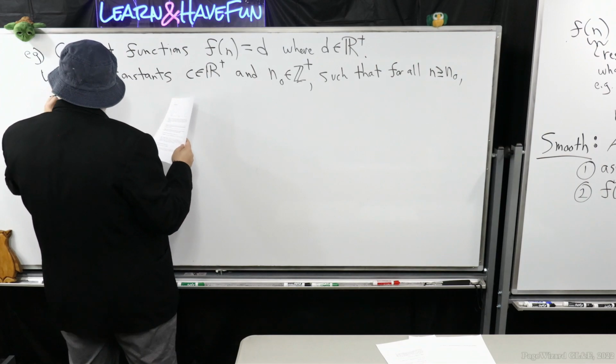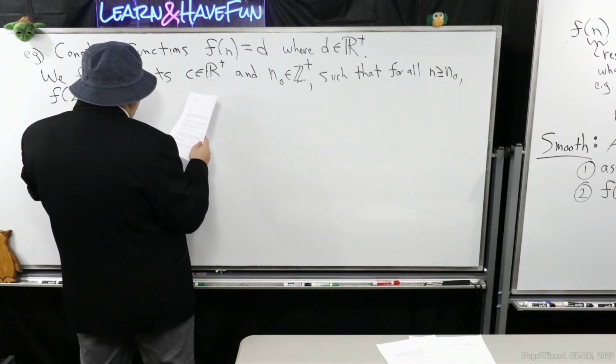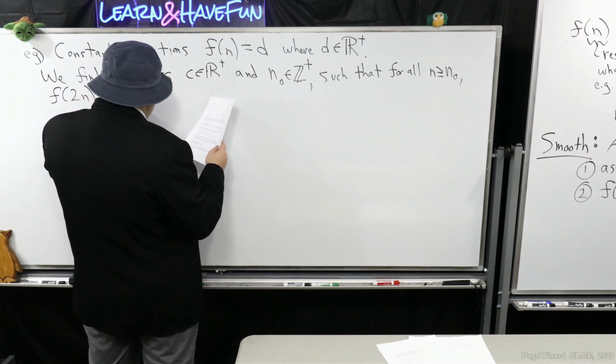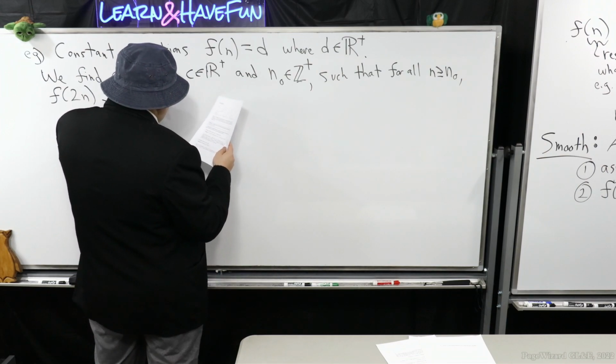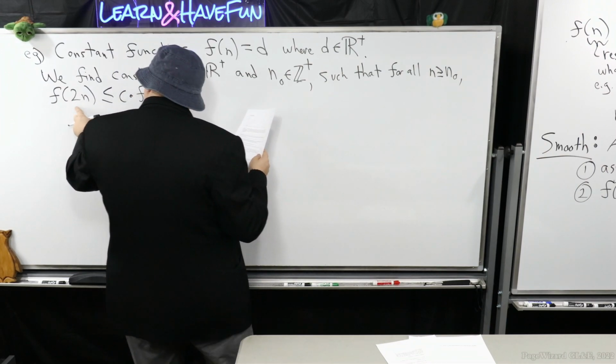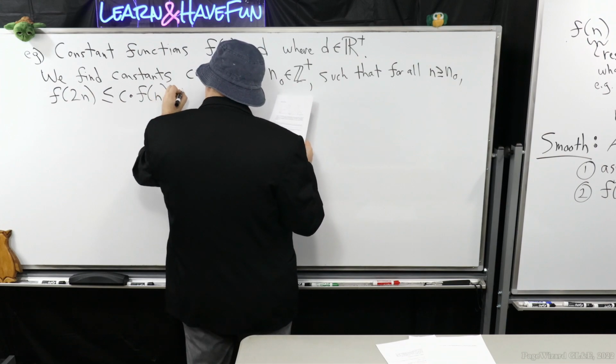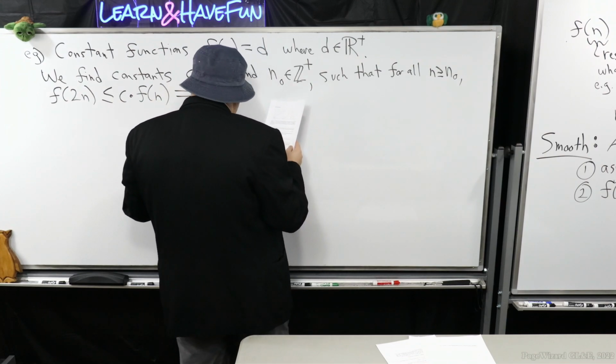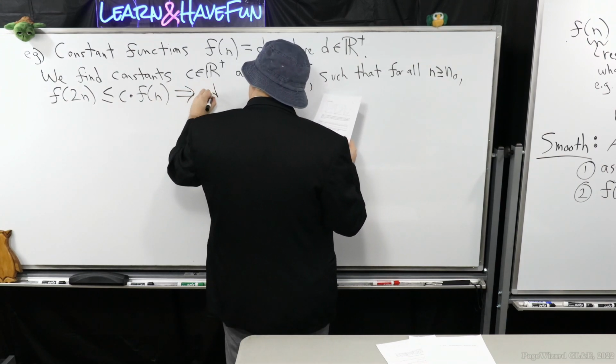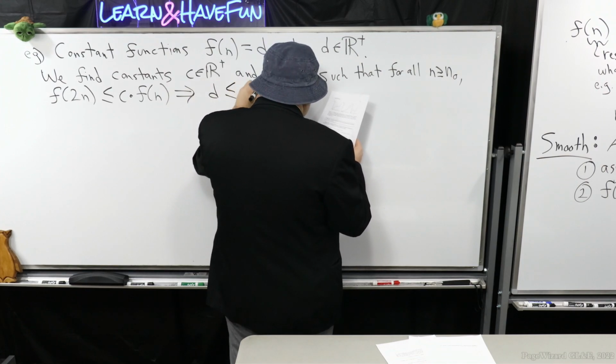I'll write its equivalent counterpart here. So f of 2n is less than or equal to c times f of n, which for our case is d is less than or equal to c times d.